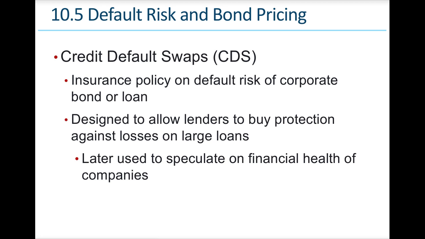Credit default swaps were originally designed to allow lenders to buy protection against losses on sizable loans. So the natural buyers of CDSs would be large bondholders or banks that had made large loans and wished to enhance the creditworthiness of these loans.